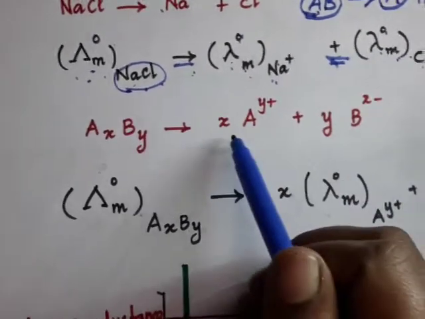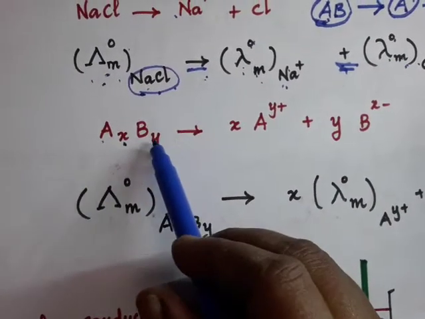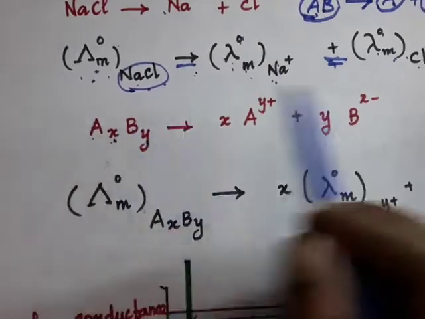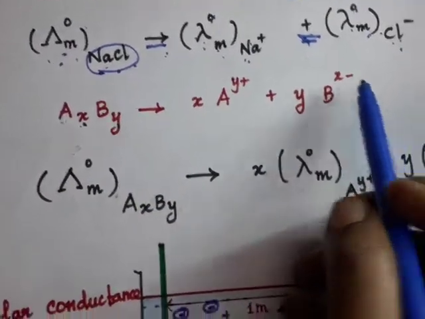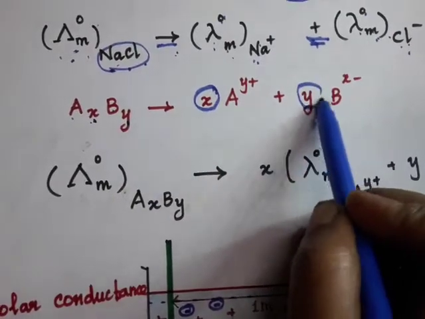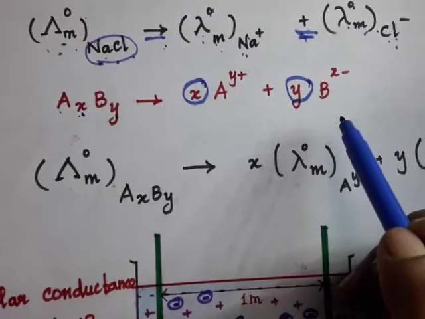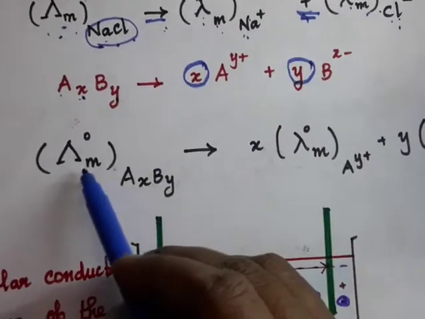In the same way, we get x into A y plus and y into B x minus. For this type, which has coefficients, that is stoichiometric moles, how do we apply Kohlrausch's law? Shall we see that?